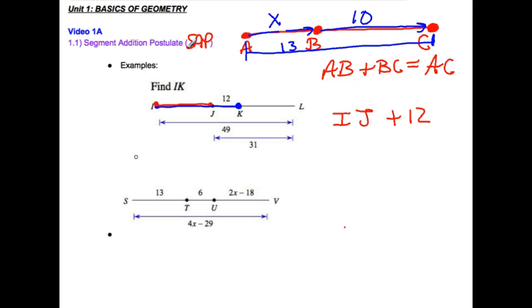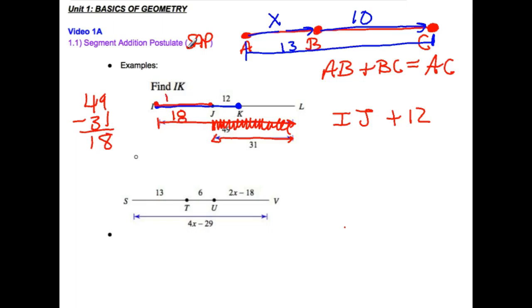Well, here's what I know down below. The whole distance is 49, and from here to here is 31. So if I were to take the 49 and subtract off the 31, I'd get 18 for this length.